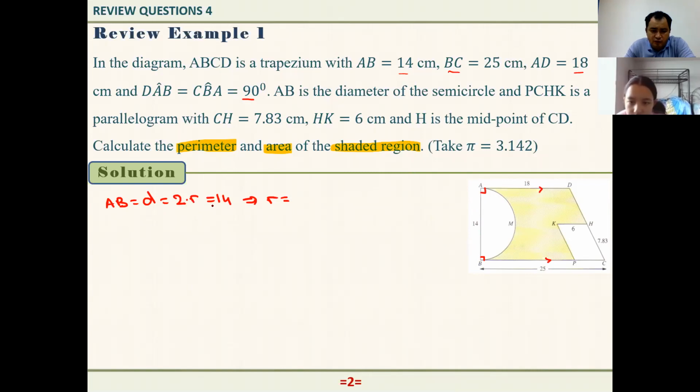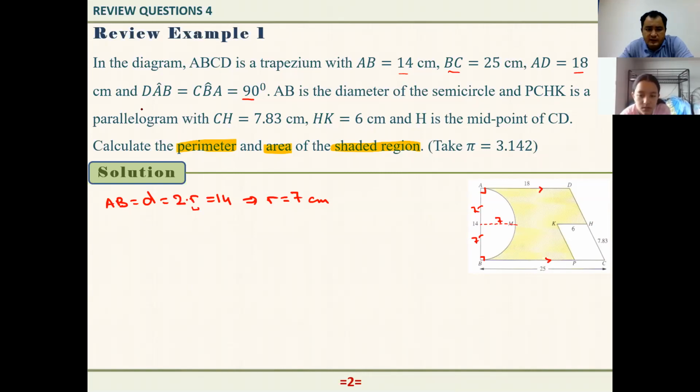If 2 times r equals 14, what is the value of r? 7, right? That is 7 centimeters. So that means the radius of the circle is 7. And this one is 7. This one is 7.